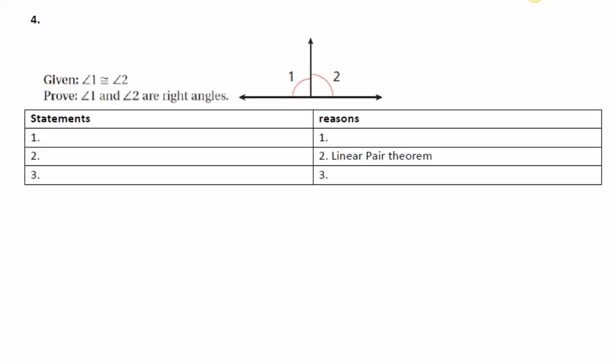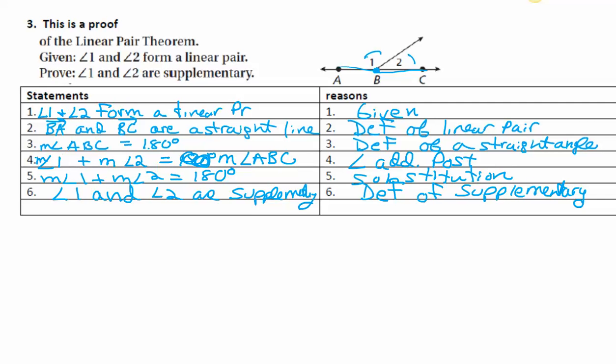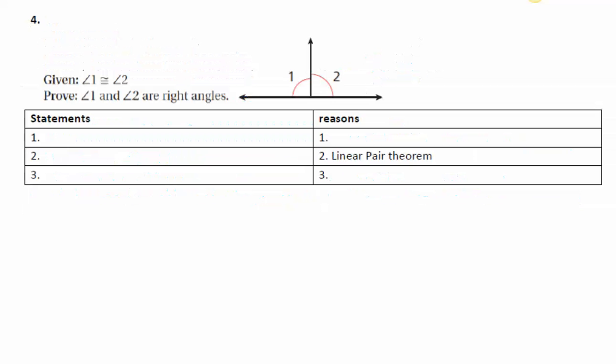On this proof, you're going to have the given written down first. I'm not going to do that part for you. And then it says to use the linear pair theorem. Well, we just proved the linear pair theorem. The linear pair theorem says that if you have a linear pair, then they are supplementary. So we never have to do all these steps again.